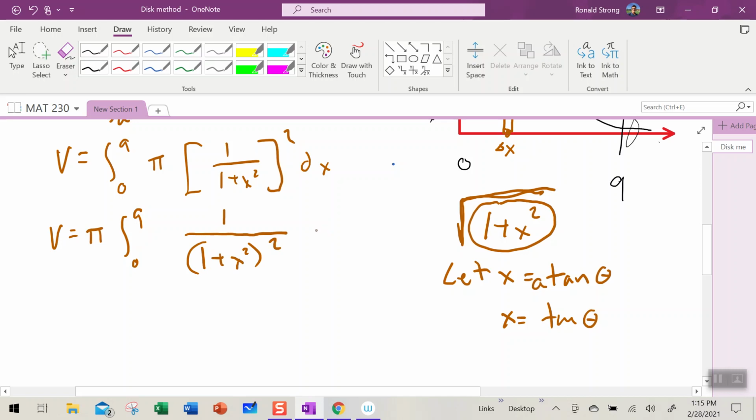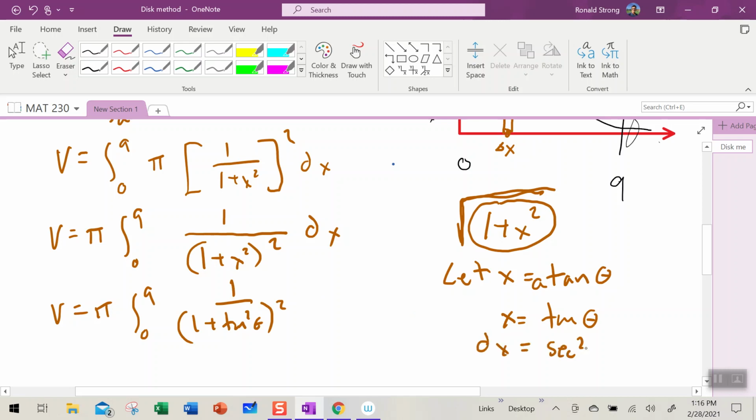And so substituting in, I'm going to have 1 over 1 plus tangent squared theta, squared, and dx, well, the derivative of tangent is secant squared theta, so dx becomes secant squared theta d theta.